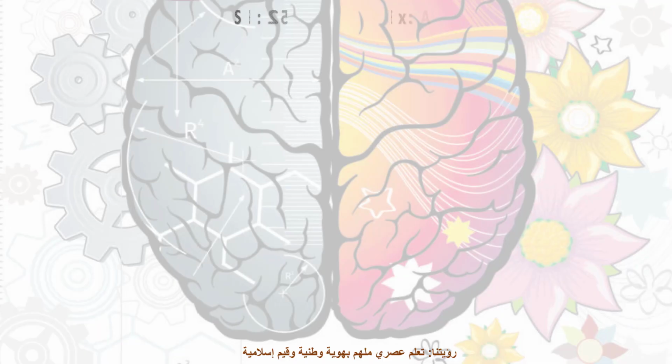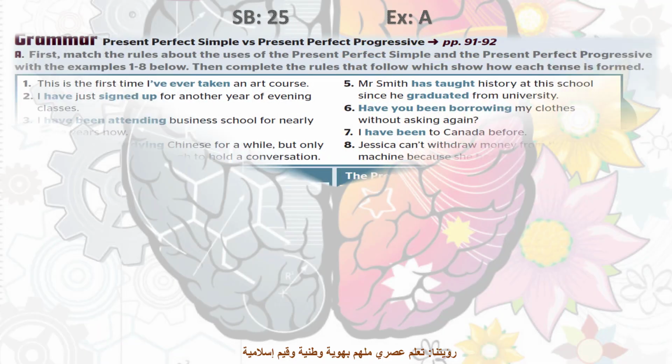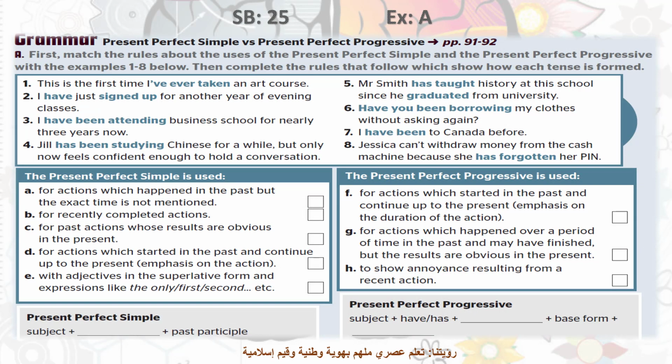Exercise A. Before doing exercise A, I advise you to watch the video again to get to know the different uses of the present perfect tense and the present perfect continuous tense. Here is exercise A. You're kindly requested to pause the video for about 10 minutes to do the exercise, reading the sentences and matching them to their uses.